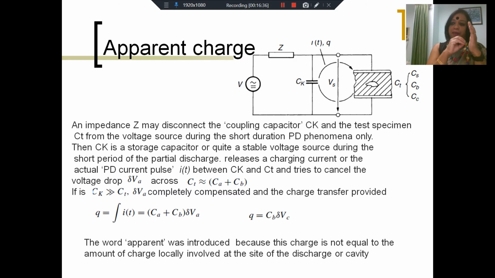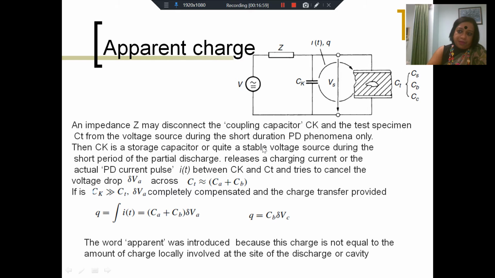So as you can imagine, we quantify a PD happening inside an insulator with a corresponding quantity of charge which flows in the external circuit and not really at the local site of discharge. But that is what is used as the magnitude of PD.